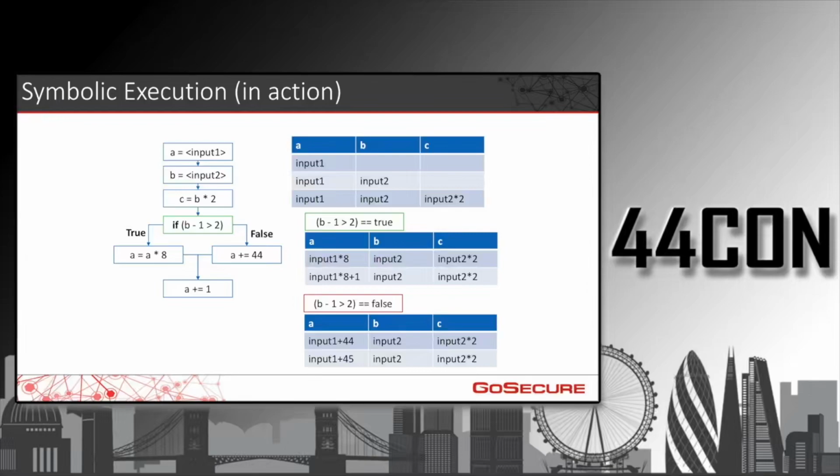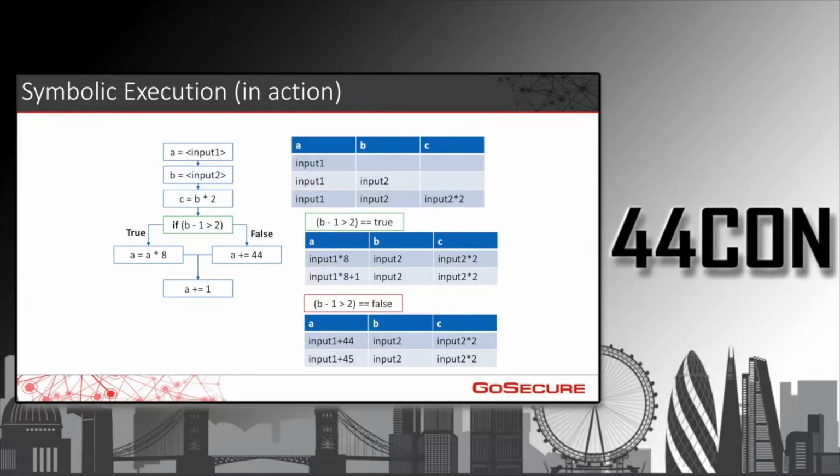Now in symbolic execution, every time we hit a branch, so a condition, we're going to try to evaluate the different states. So we're going to copy each state. First we're going to do the path where the condition is true. So we have this state until we reach the end of the method, for example. And now we have the state at the end of the method of each variable.